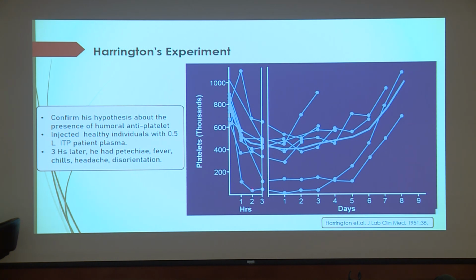And he also had a headache and seizure, and the thrombocytopenia lasted for 5 days, and then he fully recovered. And then he took his team one by one, and he sacrificed his students and his nurses also, and all of them showed thrombocytopenia, and then he confirmed the hypothesis of the presence of antiplatelet antibody.